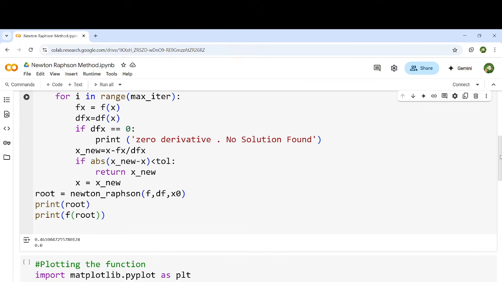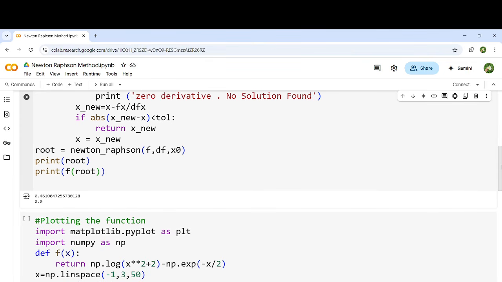In this way, you can verify whether the root is correct or not. Okay, here the value of the root is approximately 0.46 and the value of the function at the root is 0.0. Here you can see that the value of the function at the root is 0.0. That means the root is correct.